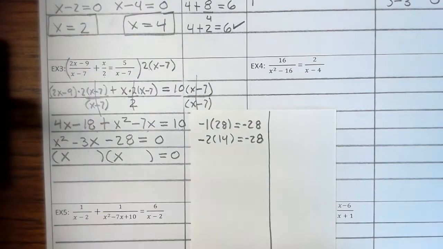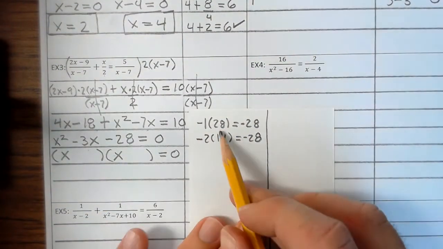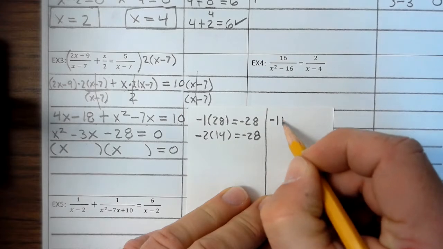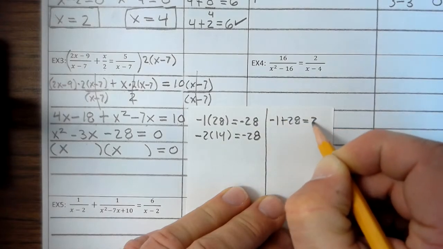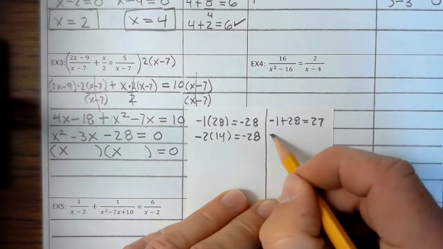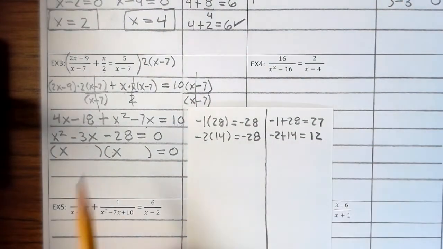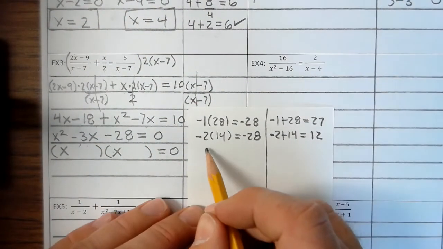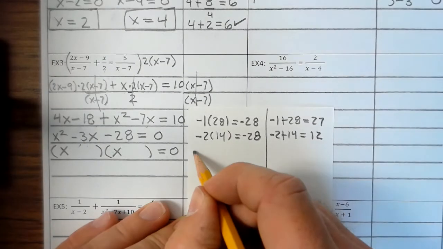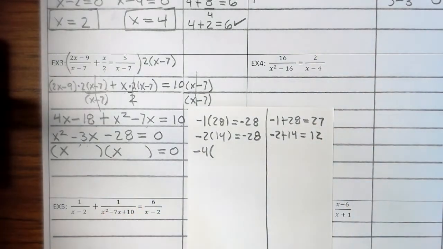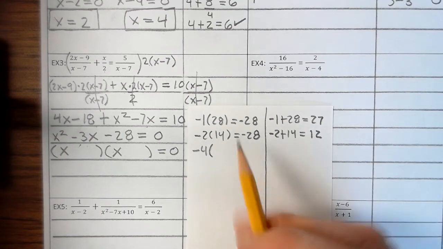is combine as you multiply. So we know negative 1 plus 28 is 27. That doesn't work. Negative 2 plus 14 is 12. That doesn't work. Remember, our goal is negative 3. Negative 4 times 7 is negative 28.